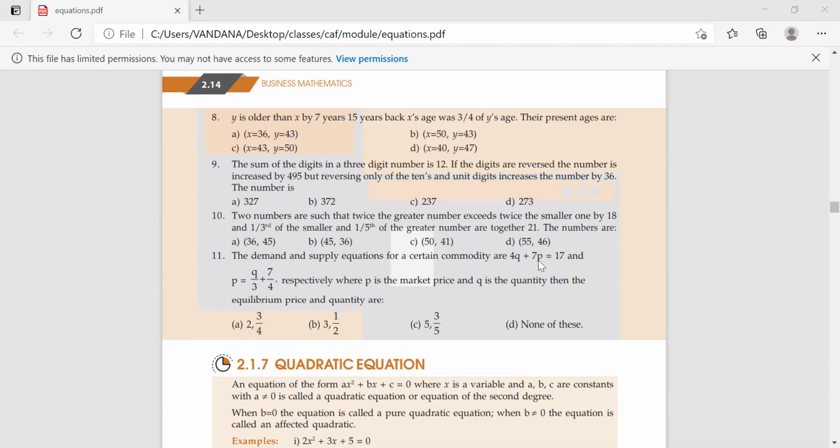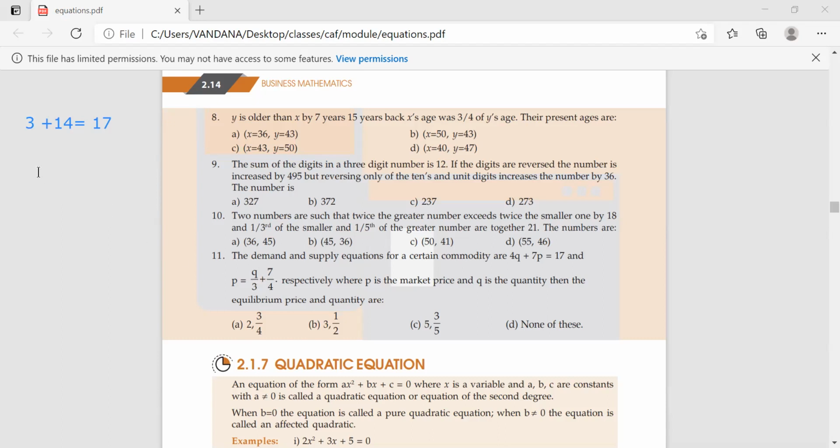अगर मैंने इधर 2 डाल दिया और ये 3/4 डाल दिया, तो 4 into 3/4 will be 3. It is 3 plus 7 into 2 will be 14. And that is equal to 17. Then P is equal to Q by 3 plus 7/4.